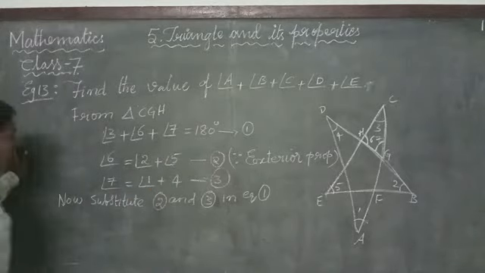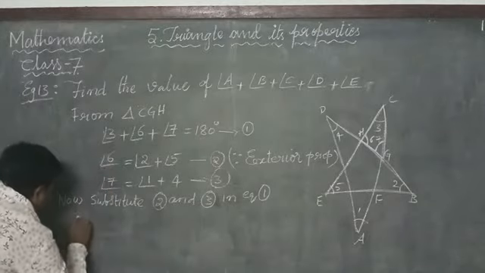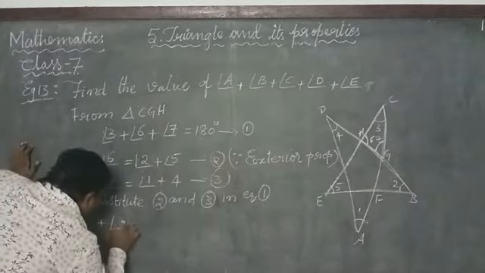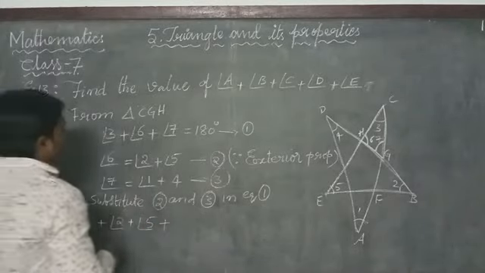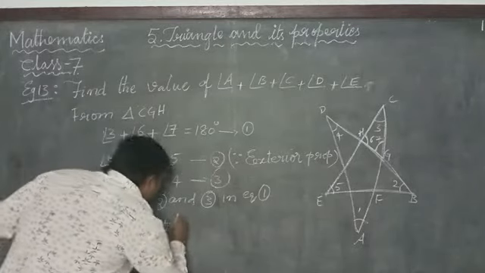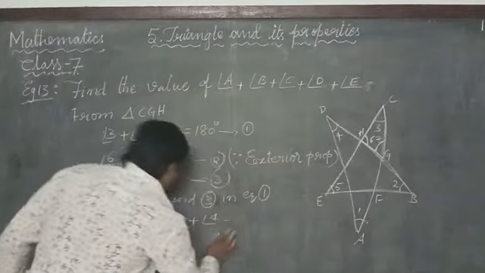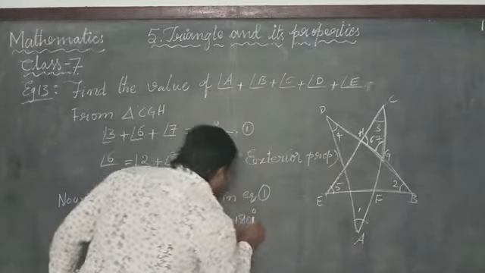So angle 3 plus angle 2 plus angle 5 plus angle 1 plus angle 4 equals 180 degrees.